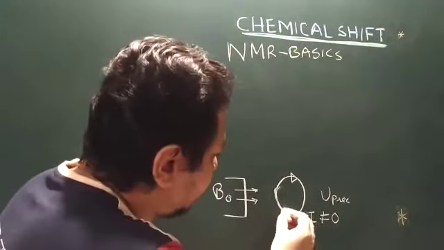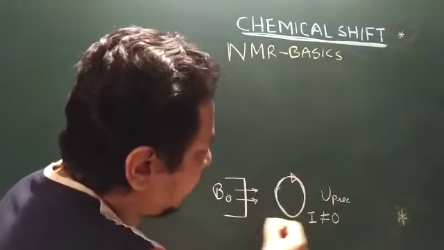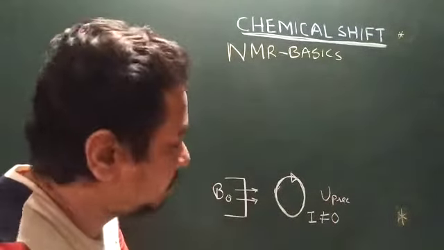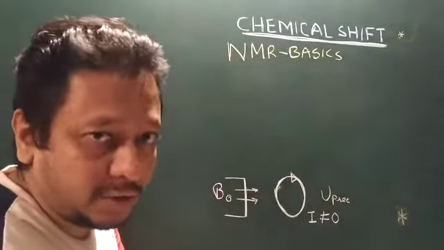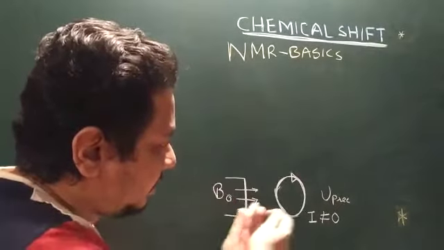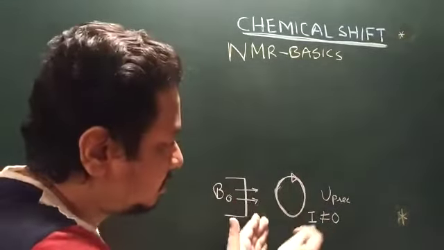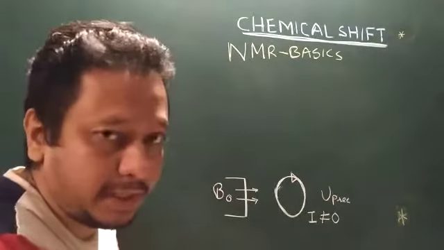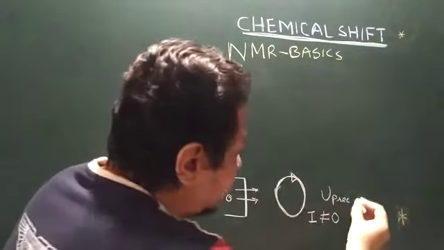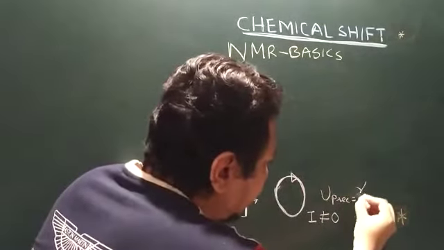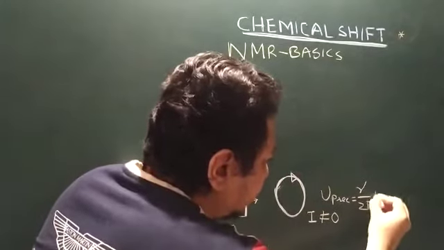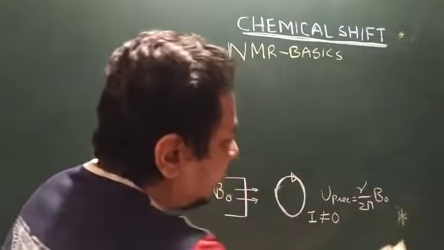Now this rotation gives rise to another property in the nucleus known as nuclear magnetic moment, because in the presence of a magnet, it is showing its spin. Now V precession greatly depends upon the external magnetic field.